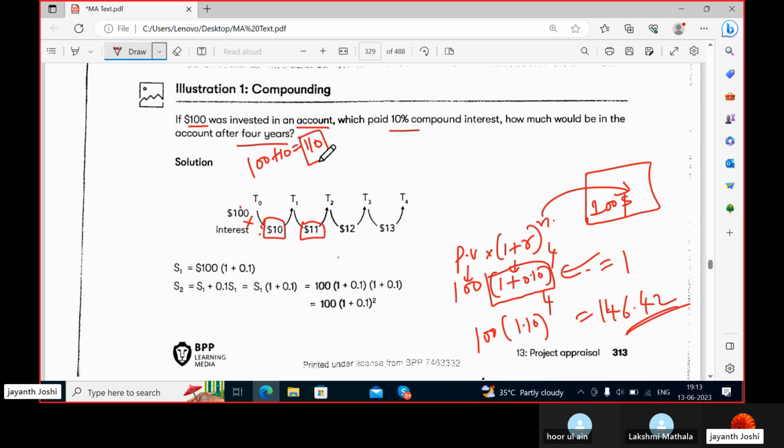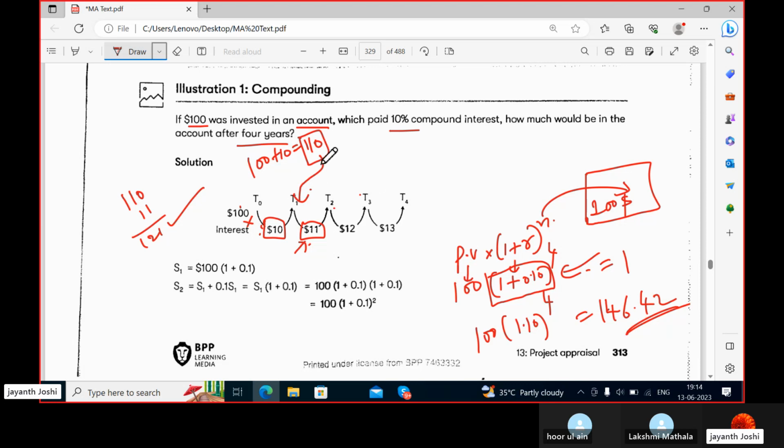This amount will become the principal for the next year, so on that again you earn interest. Then 110 plus 11, 121, into 10% is 12 somewhere around. So again this 110 plus 11 is the amount. This has become the principal for the next year, that is second year end and third year beginning.